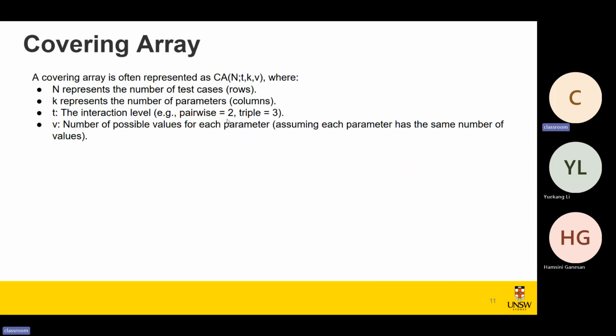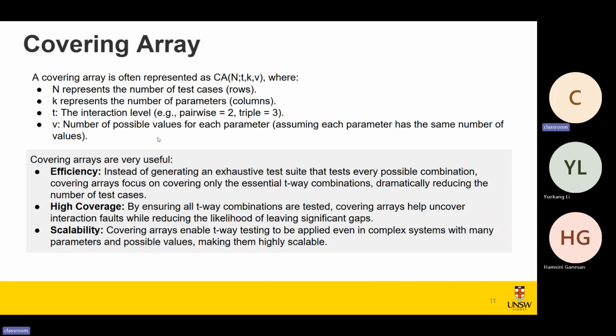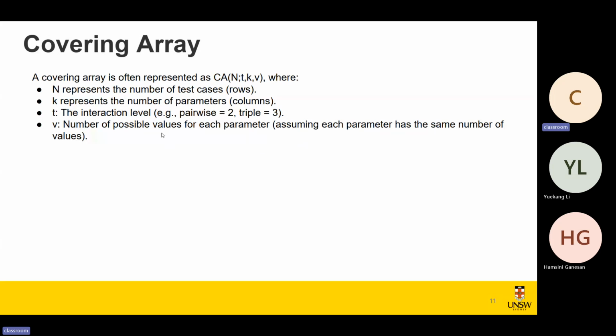If we set T to be 2, it becomes pairwise. If we set T to be 3, we are testing combinations of triples. And V means the number of possible values for each parameter.